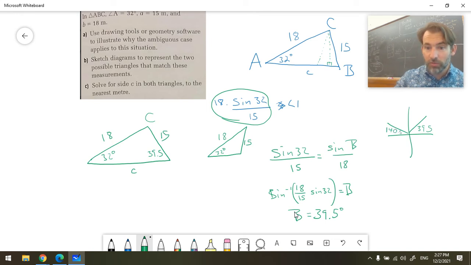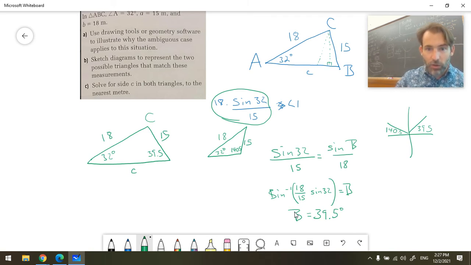B is equal to 140.5. Mr. Jennings, you're skipping steps again. How did you get that? Oh, well, I took 180 and subtracted that angle, because that would be the reflection of that angle through the y-axis. This is the angle that has a related acute angle, a reference angle, of 39.5.